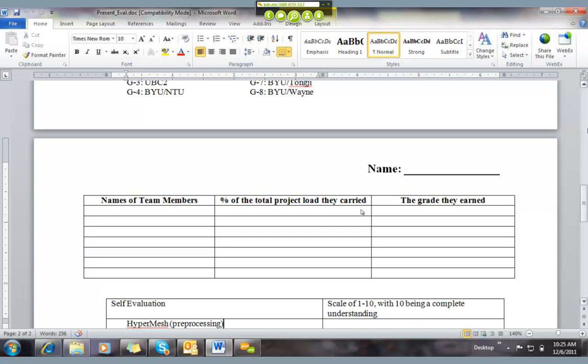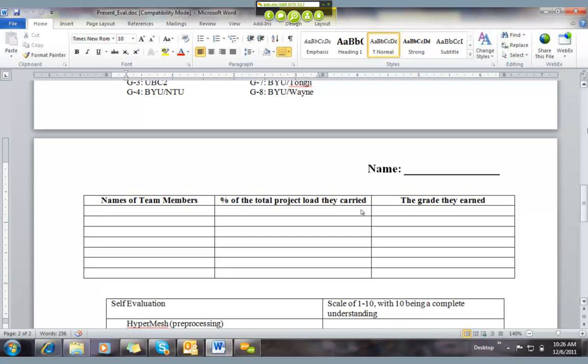If the work done by everyone on the team is of equal merit, as evaluated by you, then I would expect you to put an A, an A, an A, an A, an A if everybody truly did A work, okay?